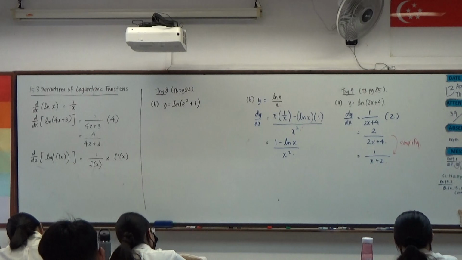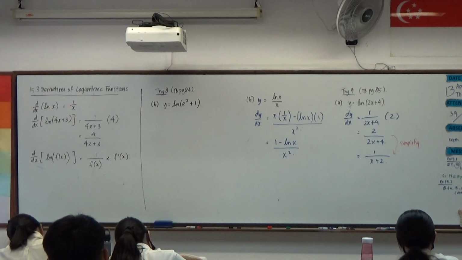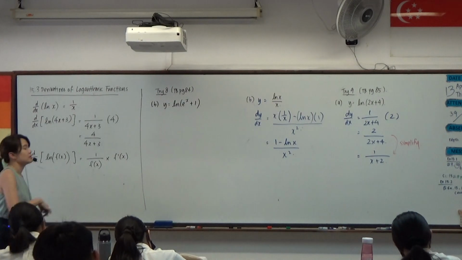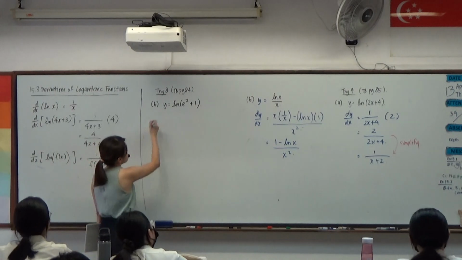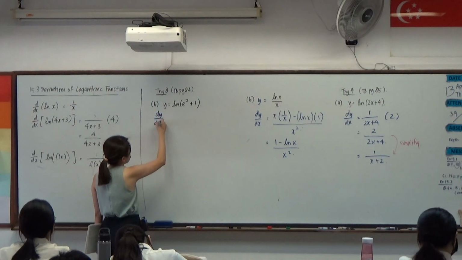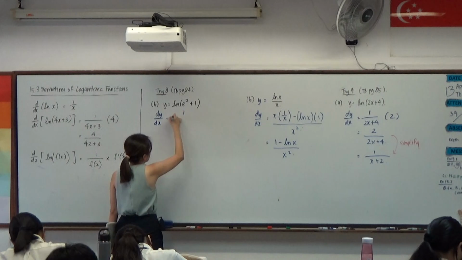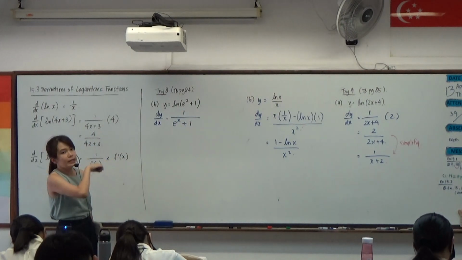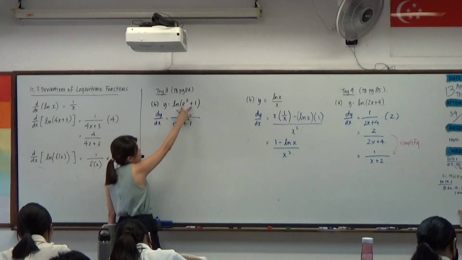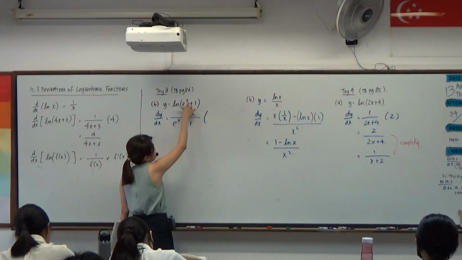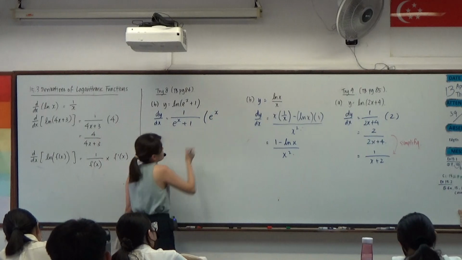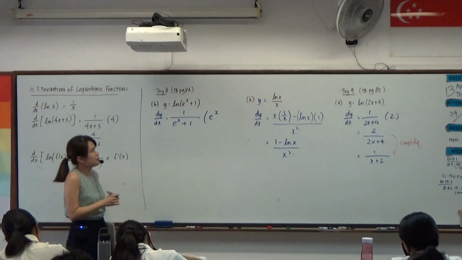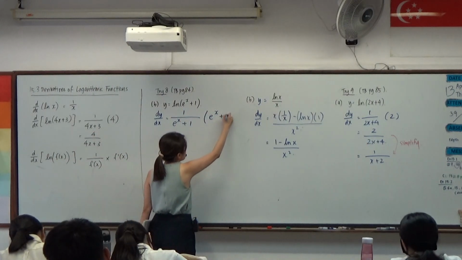Part B, we have exponential inside our logarithm, but rules still apply the same way. Differentiating ln, you get 1 over e to the power x plus 1. And then we need to differentiate the e to the power x plus 1. Differentiating exponential is just the same exponential itself. Differentiating 1 is just 0.